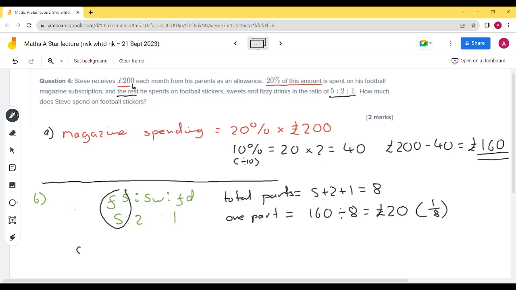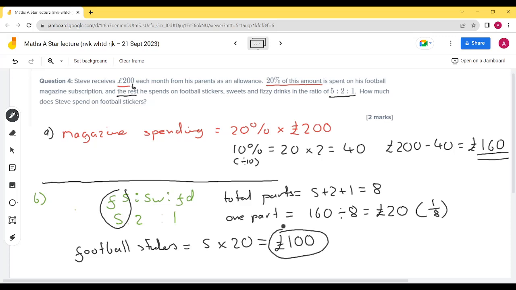So we can say football stickers equals 5, the amount of parts, times the scale factor, or the value of one part, 20, and that equals £100. That's a lot of money on football stickers. But yeah, there you go. And so that's the final answer there.